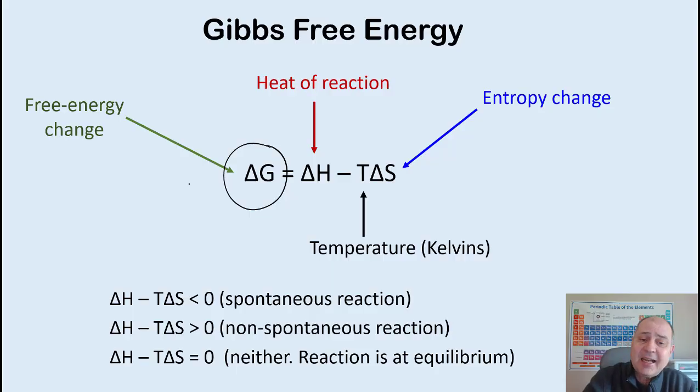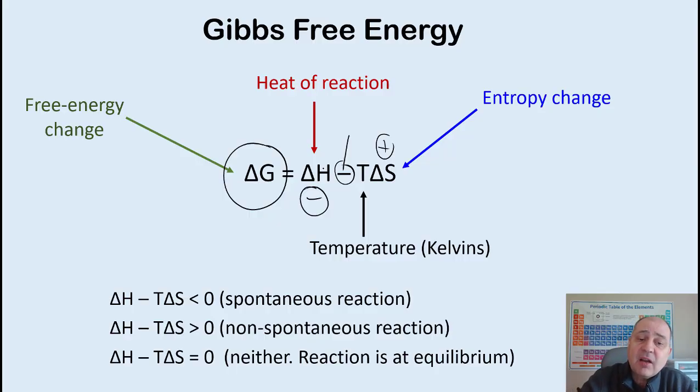And the way this is set up is, if we have a negative enthalpy, that contributes to a spontaneous reaction. So any kind of exothermic reaction will contribute to that being negative. And if entropy is positive, then because of this negative sign, as I said, we have a spontaneous reaction no matter what.